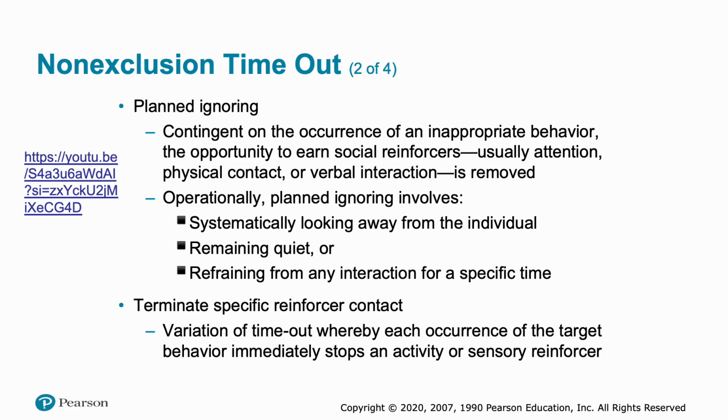But there's anecdotal evidence from people who have experienced ABA themselves, and they have experienced this intervention, planned ignoring, and they have reported that the intervention and ABA in general was abusive or traumatic to them.